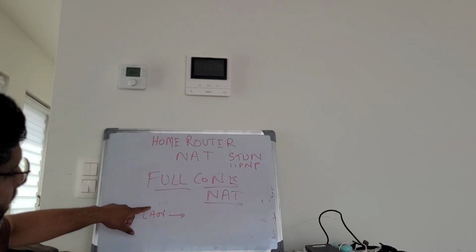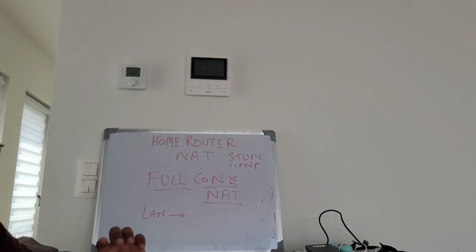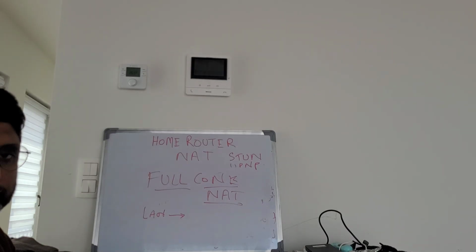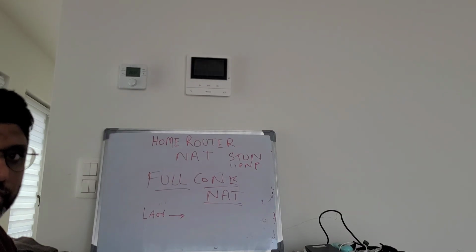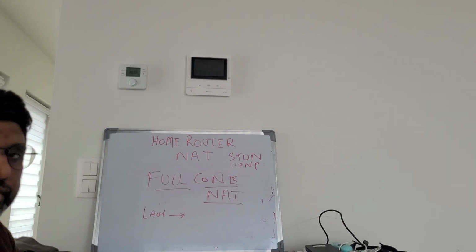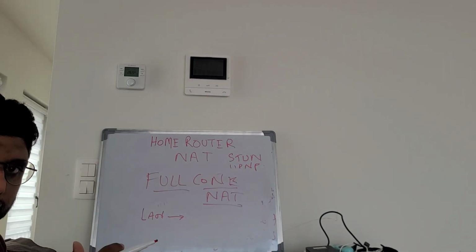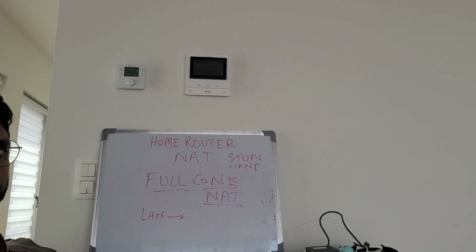The external host can directly communicate to the LAN clients because the public IP address is fixed. That is full cone NAT. In summary, external clients can directly initiate a connection to the LAN clients.